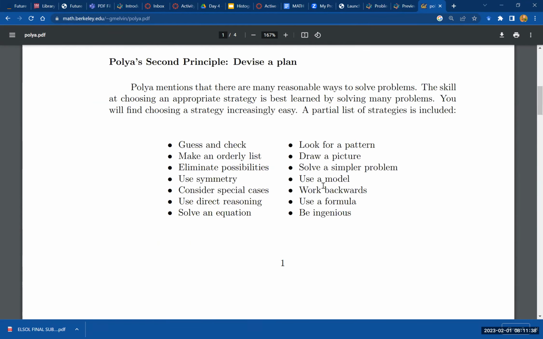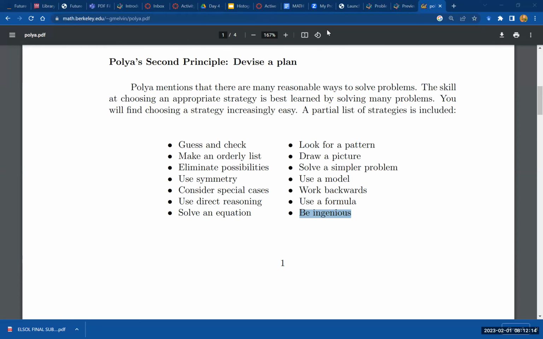Some of the strategies that we used was a formula, distance equals rate times time, some dimensional analysis to convert units, and drawing a picture. And I think also trying to just be ingenious, trying to use ingenuity.